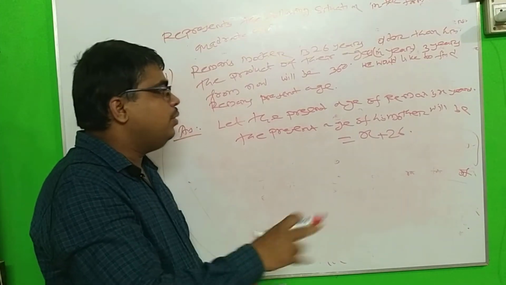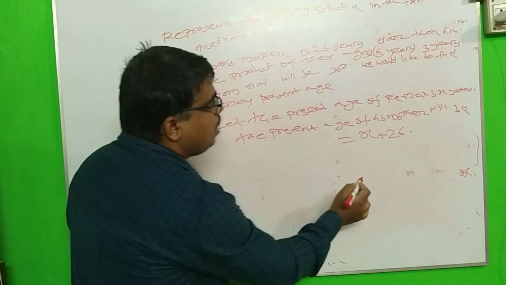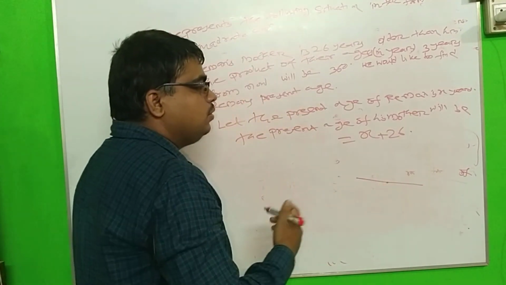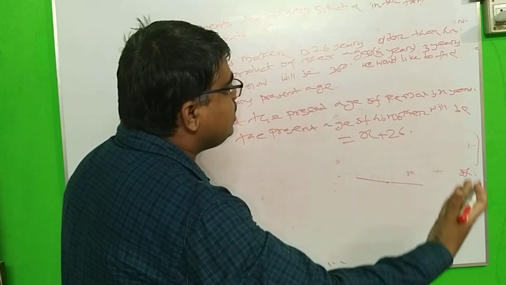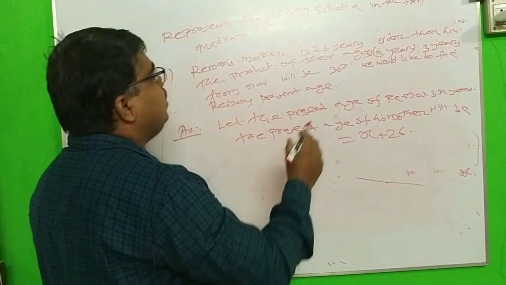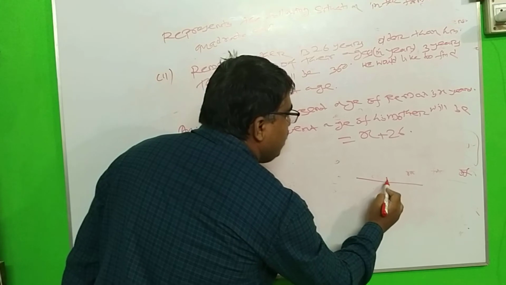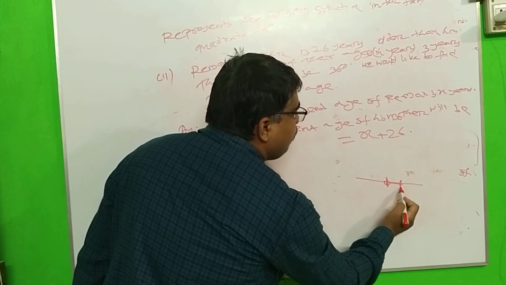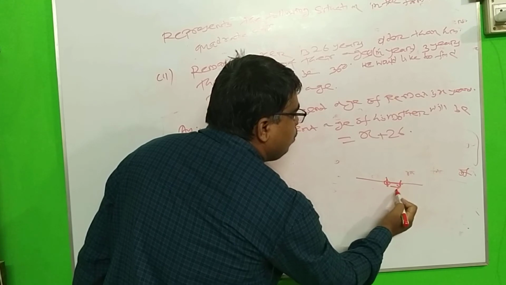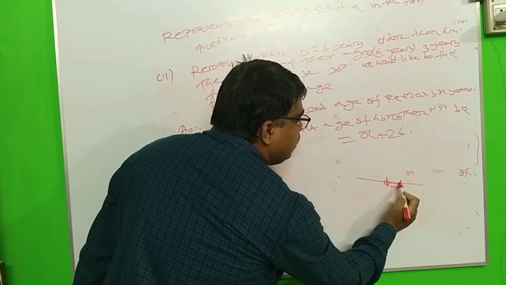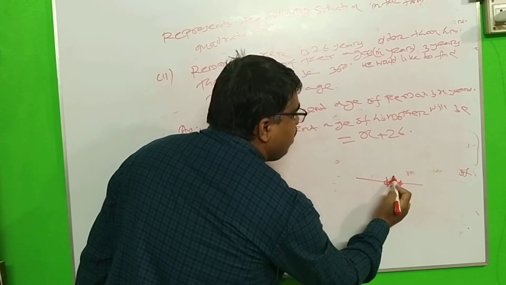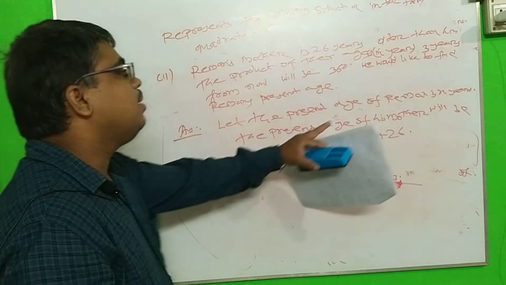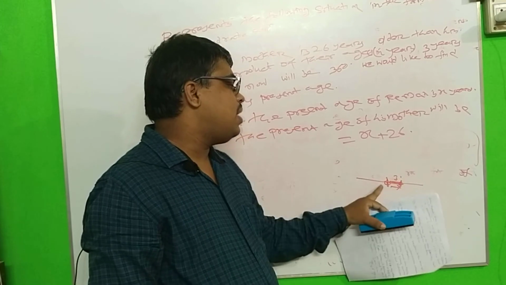We will go again 3 years after from today, that is, to this point, 3 years after. Three years after, Rahman's age will be x plus 3.